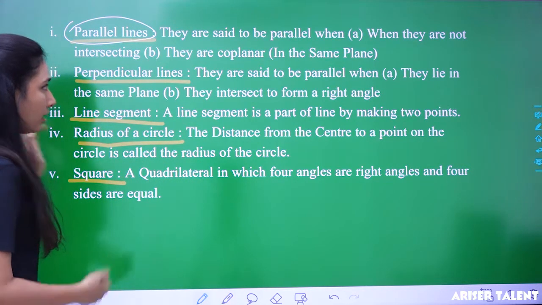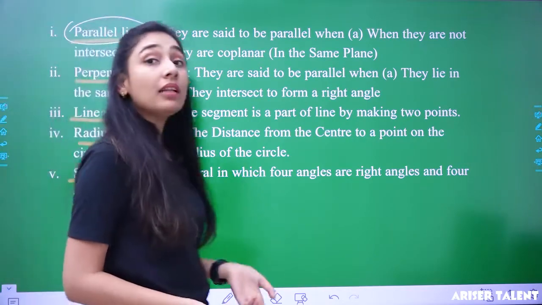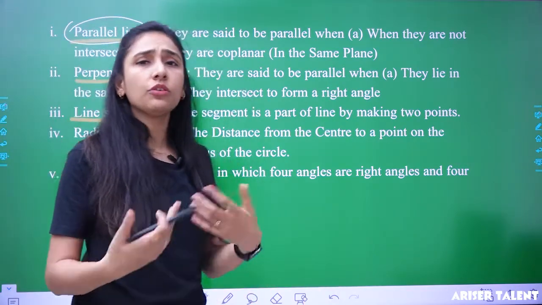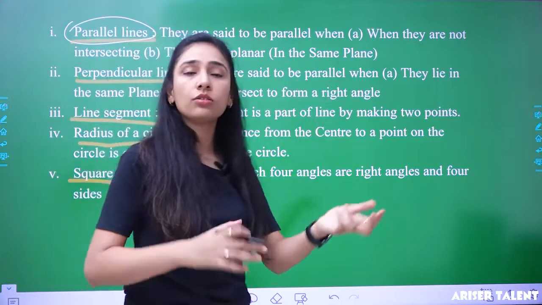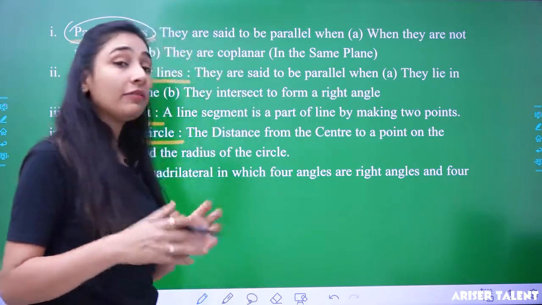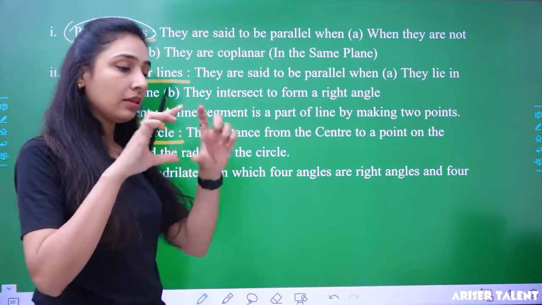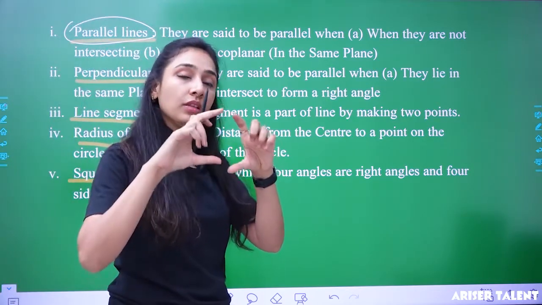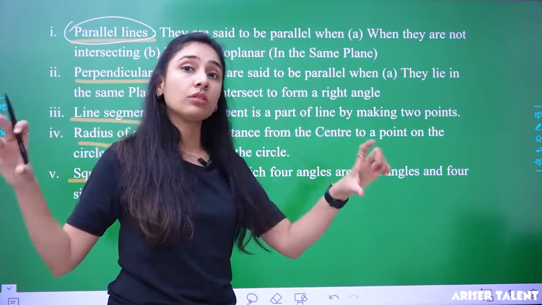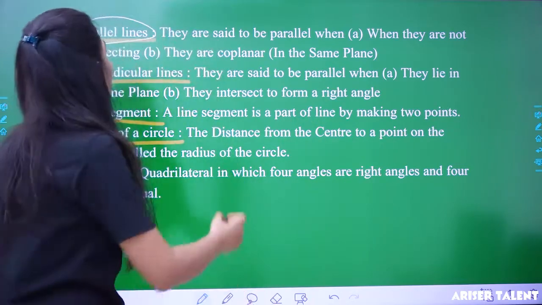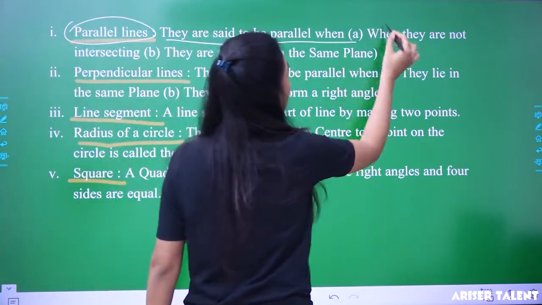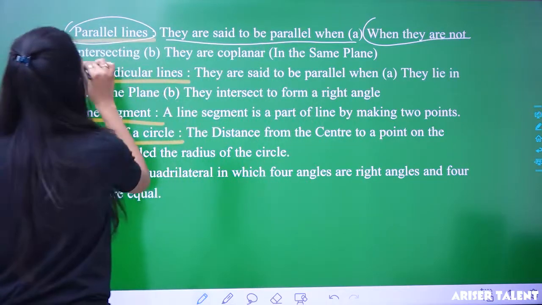If I generally talk about parallel lines, what are they? They are never going to meet each other, from this end also and from this end also, and there is a certain distance between these two parallel lines that will be constant throughout. They are said to be parallel when they are not intersecting.